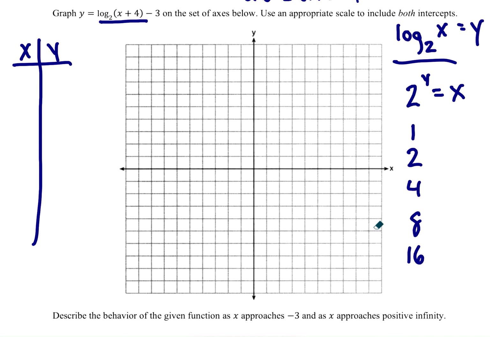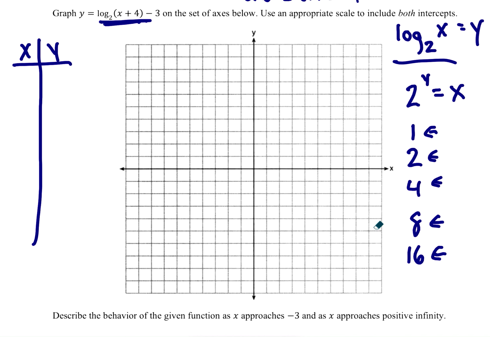But the main difference is it's not log base 2 of x. It's log base 2 of x plus 4. So we want x plus 4 to equal these numbers here.